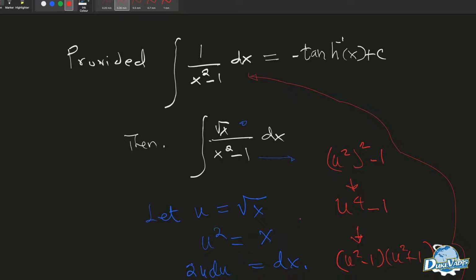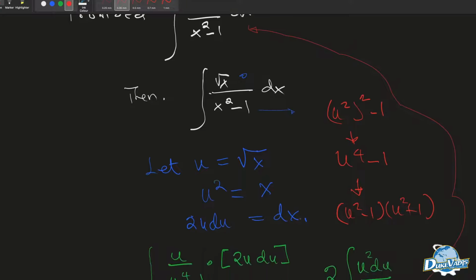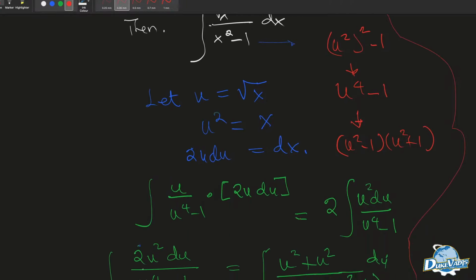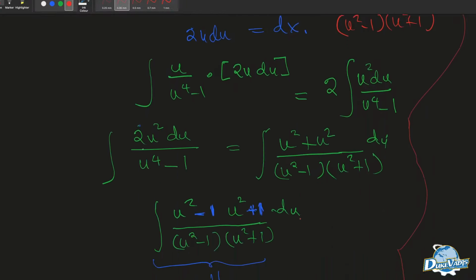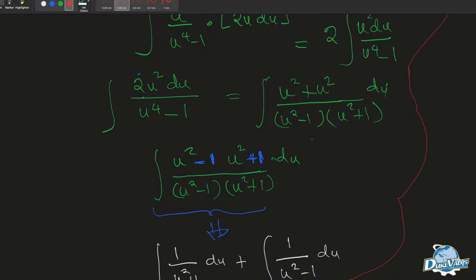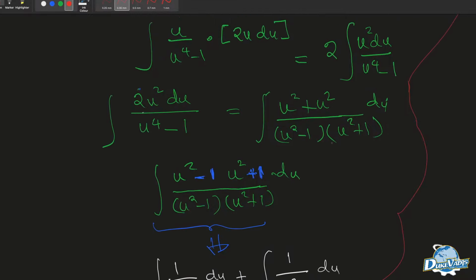They said then integrate square root of x all over x squared minus 1 dx. So when we did our substitution, eventually we went through step by step. We got to this fraction beneath the integral, which is u squared minus 1 and u squared plus 1.